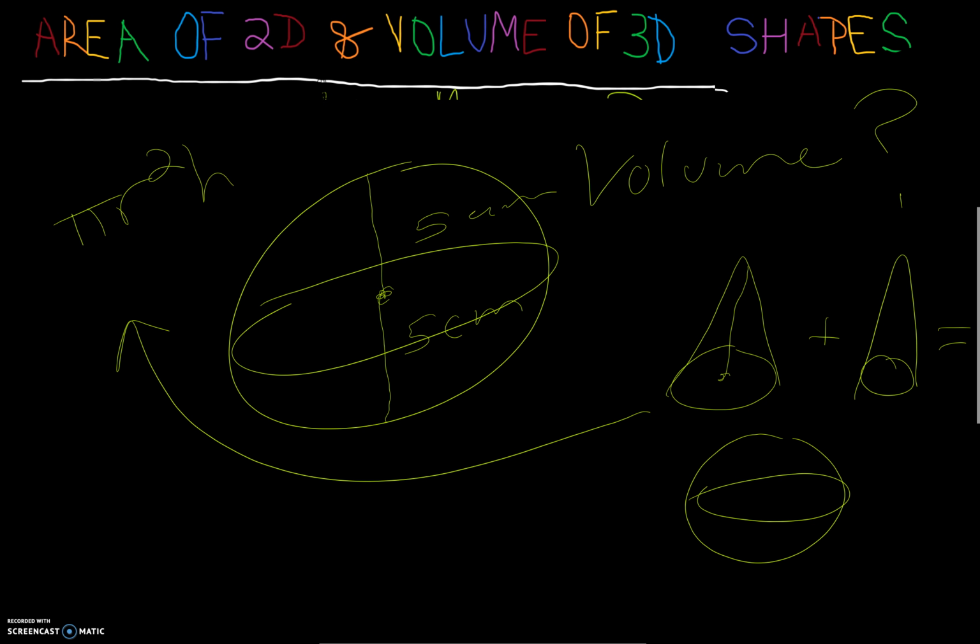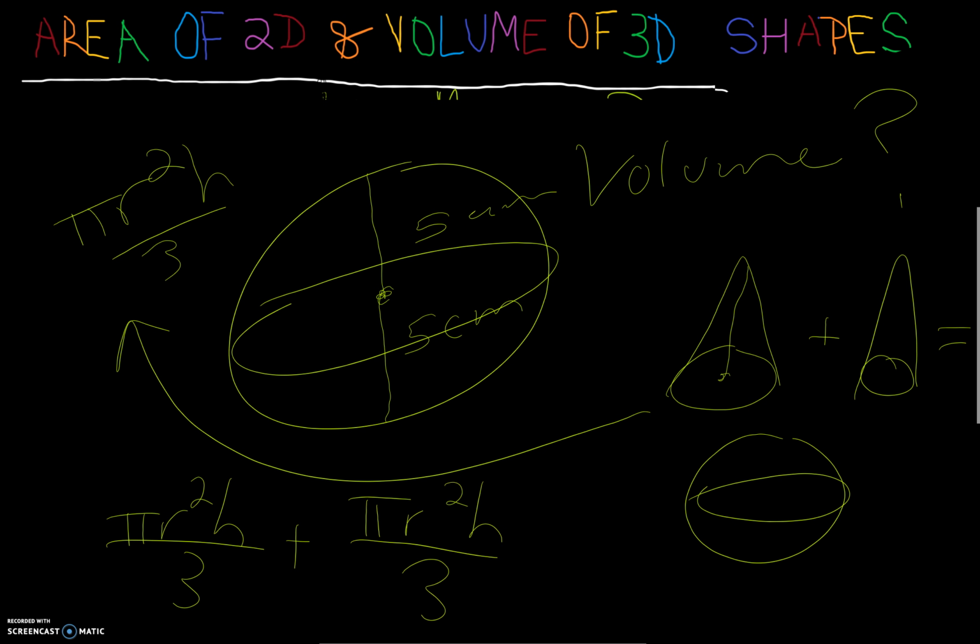And since it's a cone, we divide by 3. I'm not going to go into why, but it's basically like if it comes to a point right here, that means you're dividing by 3. So that's how we find the volume of a cone. So we want to add 2 of those, and that will tell us the volume of our sphere.